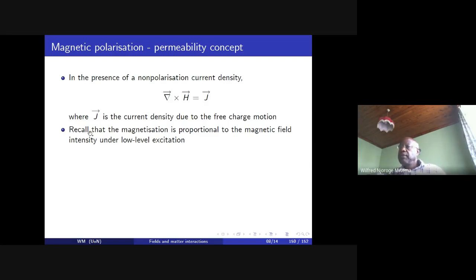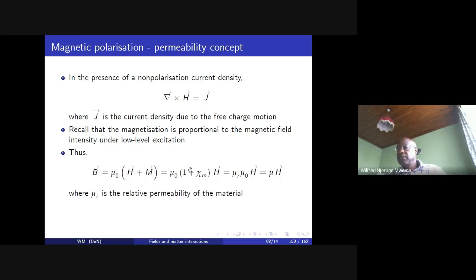So we recall that the magnetization is proportional to the magnetic field intensity under low level excitation. And therefore, we can write that B is equal to that. If we replace that with the value of M that we saw before, expressed as chi M multiplied by H, we get mu naught into 1 plus chi M multiplied by the magnetic field intensity.